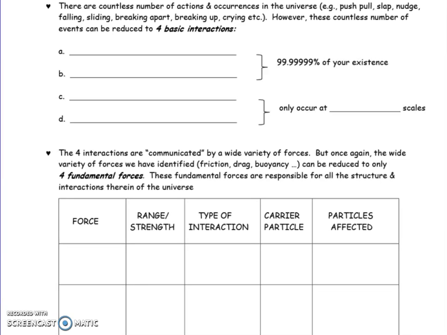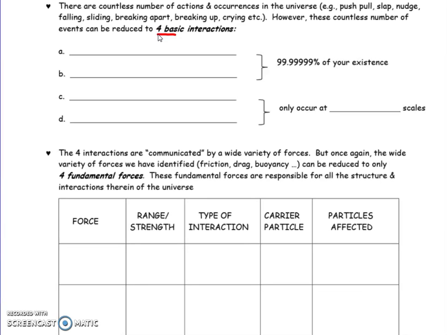Like matter, you can take every single action that occurs that's described by a verb, and even though there might be limitless numbers, you can reduce them to four basic interactions. And then what we want to see is those interactions are governed by four basic forces, coincidentally. So I want to start off by looking at the interactions. How does matter interact that gives rise to these verbs?